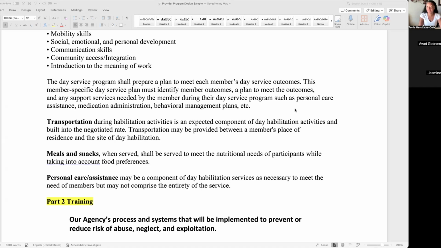I have one question. I found a place that needs a lot of work, but some part of it is really good and functional. Can I say I'm not going to use this portion of the building, but I'm going to use the other portion? What problems does that bring? It's one address.